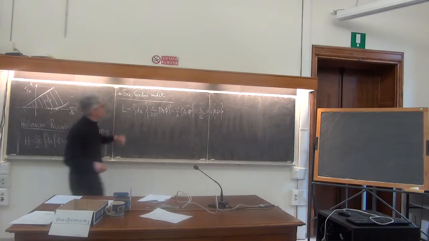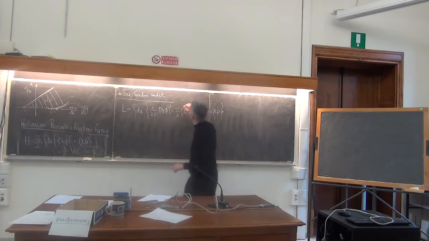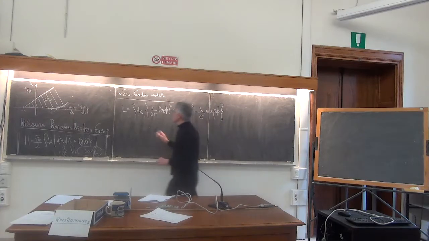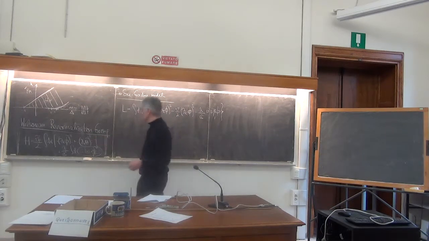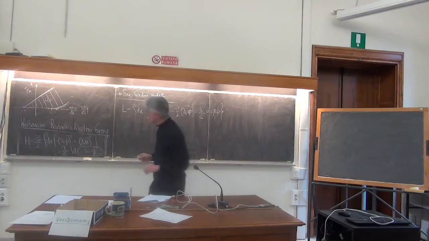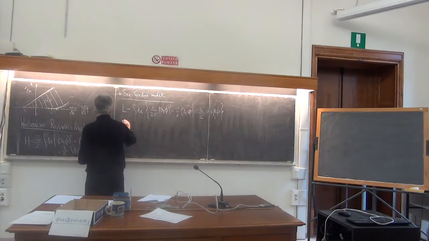So I just simplified notations a little bit, and I also dropped the tilde here. But now if you just as usual calculate from here the momentum and then look at p q dot minus L, you get this Hamiltonian back. Okay, so that's the same theory. Okay, so now what we want to do is go to imaginary time.